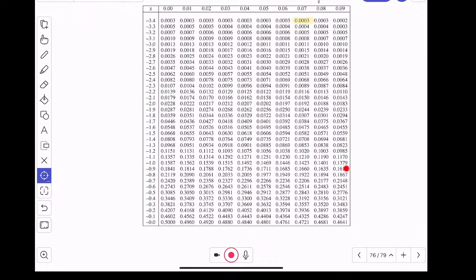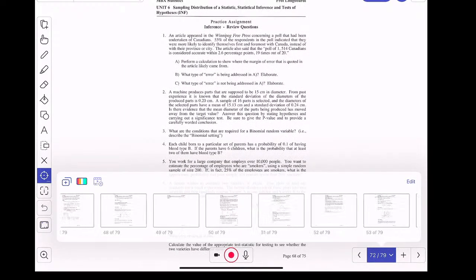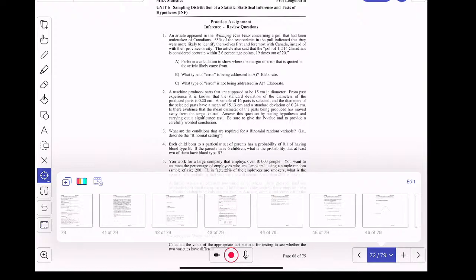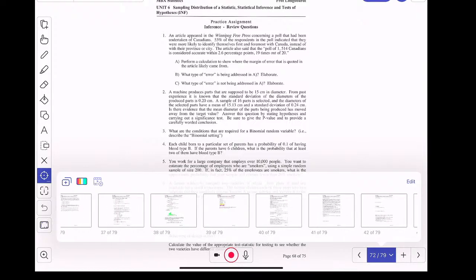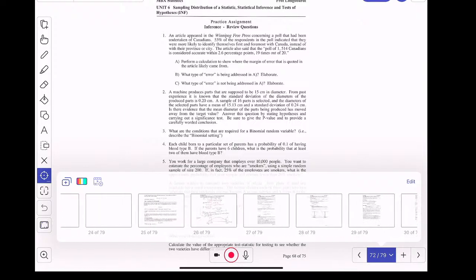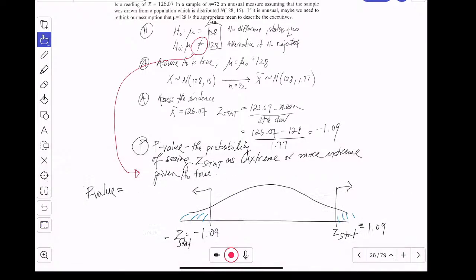So this is 0.1379. But then this is also 0.1379. So the p-value ends up being that the chance of being as extreme or more extreme in either direction, higher or lower, is quite high.